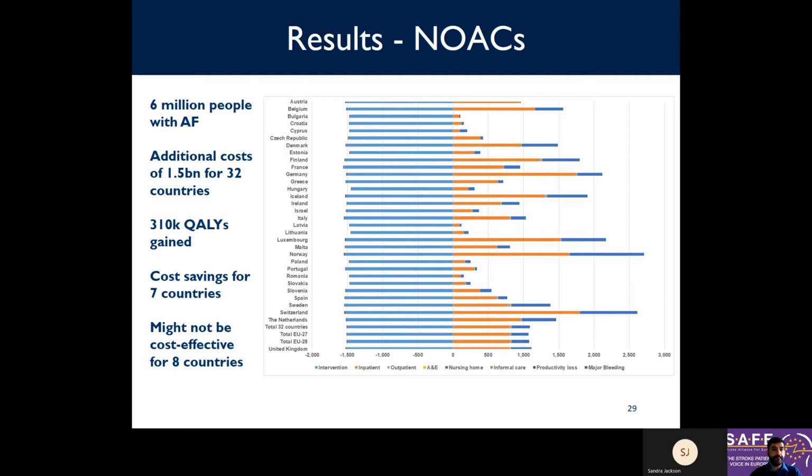Again, 6 million people with AF could benefit from routine therapy with new oral anticoagulants. However, because NOACs are quite expensive medications, throughout Europe, it would generate additional costs of 1.5 billion for all 32 European countries.